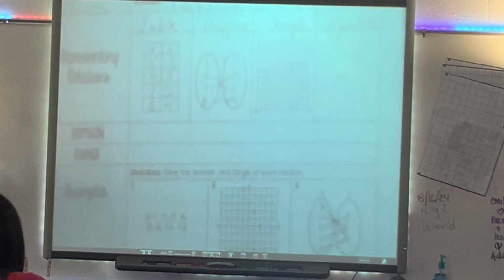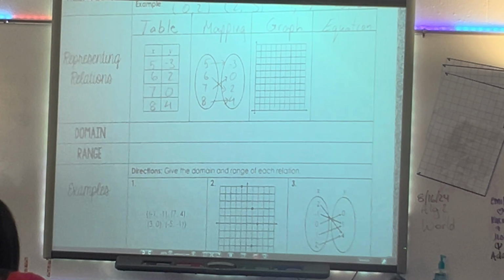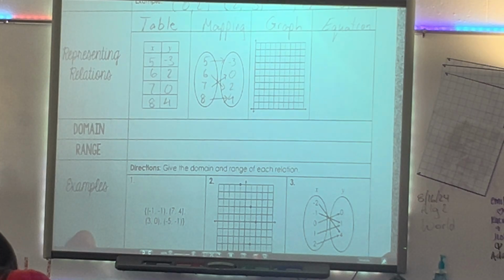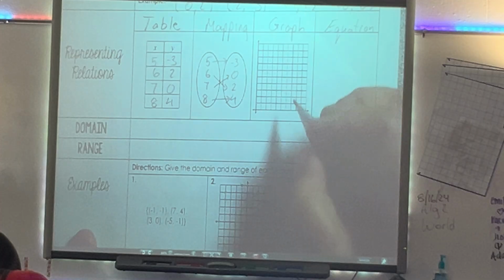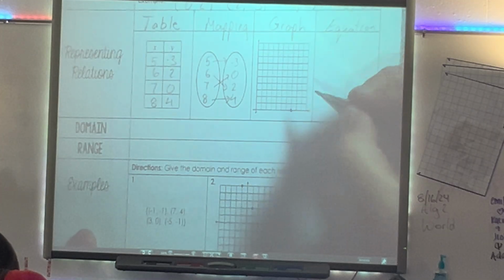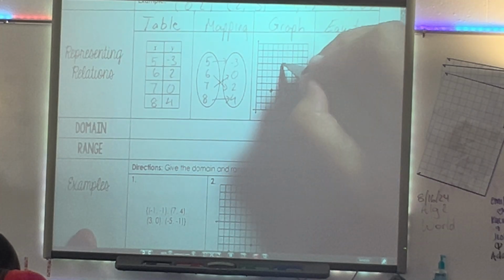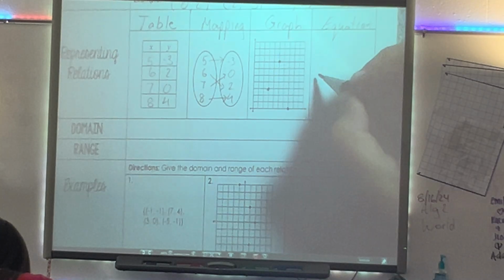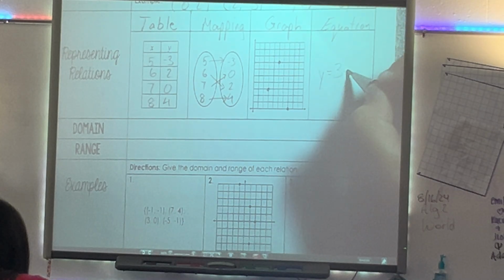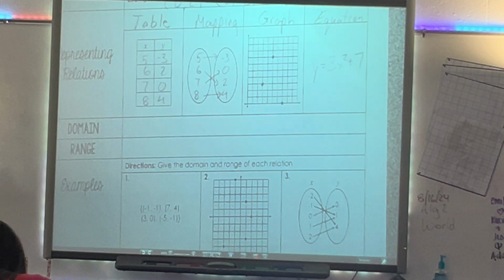So it's the same data, just in a different way. If I put these on a graph, I'm not even using the same points, I'm just gonna put them on there. These are just a way that they could give you points, and I could get an equation, any type of equation.